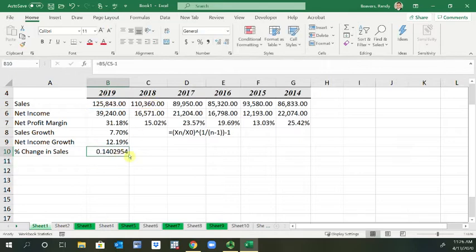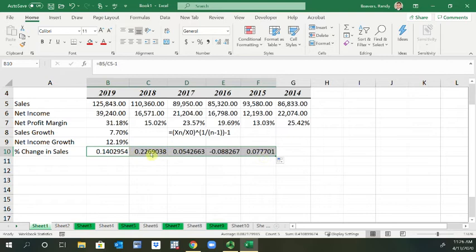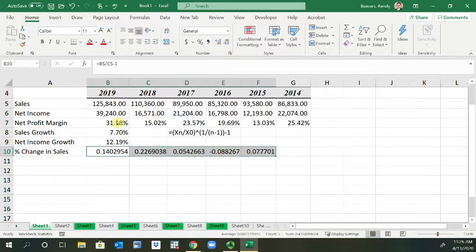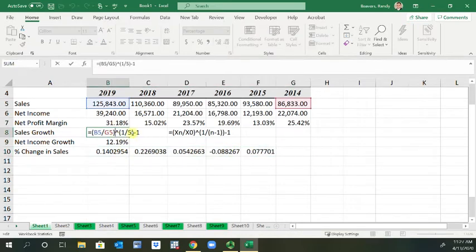So this is going to be the percentage change in sales per period. And note that I'm only going to drag this out to cell F10, because if I did that again, it's not going to be able to do anything because there's no data right here. This also explains why I used 5 earlier, because it was growing for 5 periods.